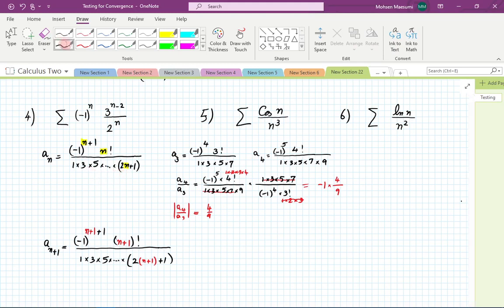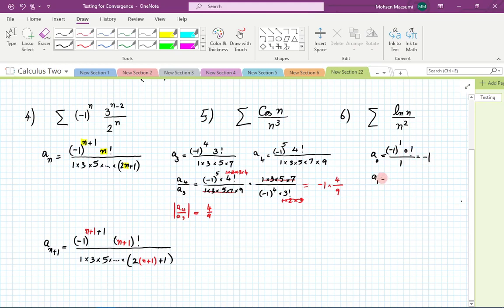So if you are at the very beginning, for example a0, term number 0 is going to be -1 to the power of 0 plus 1, 0 factorial over, start at 1 all the way up to, well, it's still 1, so that's just 1. And remember, 0 factorial was 1 also, so this whole thing boils down to just -1.